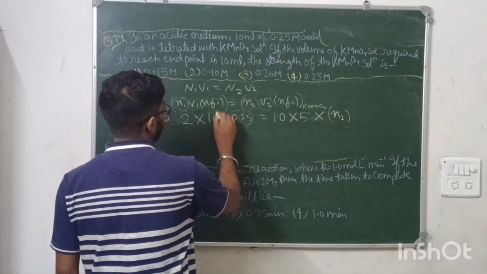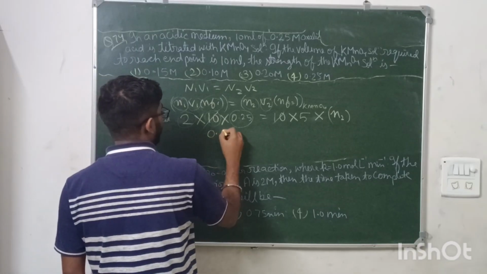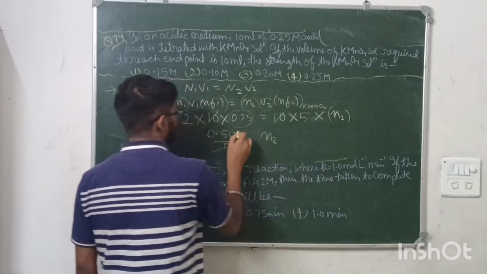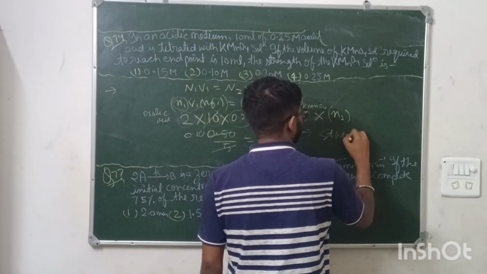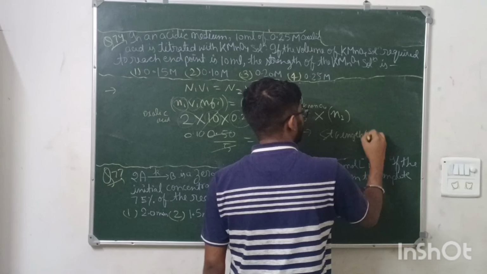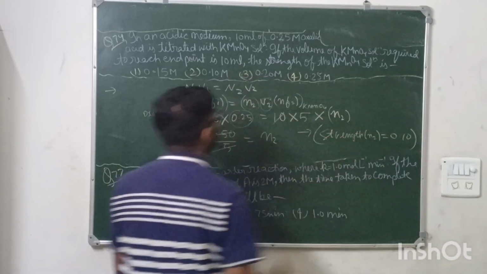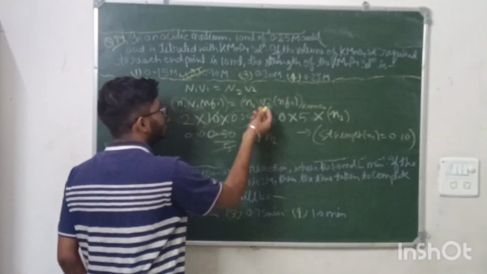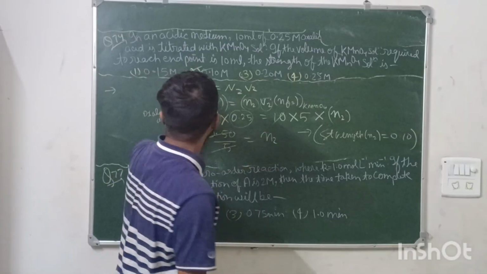We just need to solve this; 10 cancels, and this gives 0.50 by 5 equals N2. So the strength N2 will be 0.10. Option number second. Very simple. You just need to remember the N factor and put the gram equivalents equal. This question is also solved.